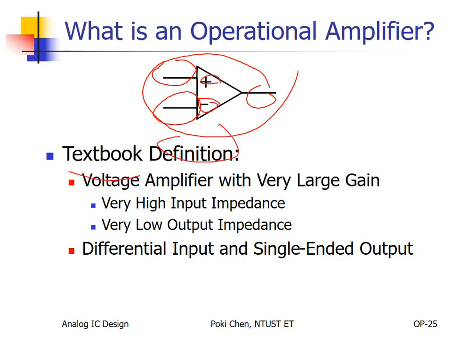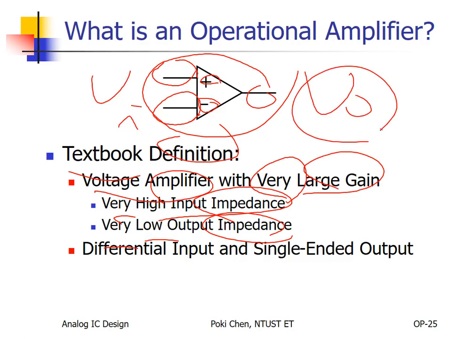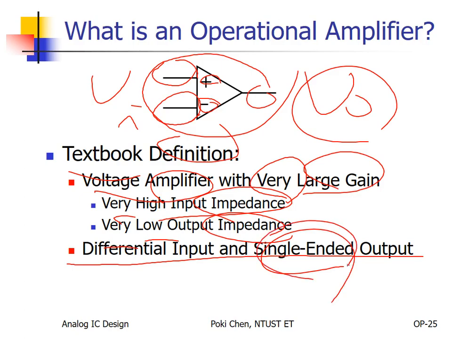That means this is some kind of voltage amplifier with very large gain, very high input impedance, very low output impedance, because all in voltage domain. And this is the overall structure, differential input, and single-ended, only one, it means single-ended output.